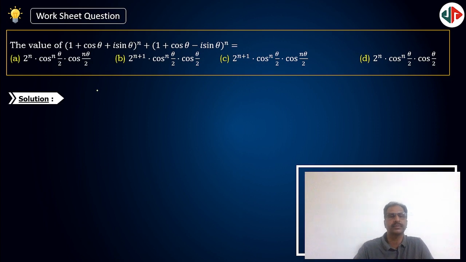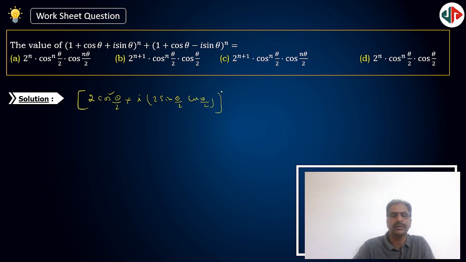Next, the value of (1 + cos theta + i sin theta) whole power n + (1 + cos theta - i sin theta) whole power n. What is 1 + cos theta? 2 cos square theta by 2, plus i into sin theta, 2 sin theta by 2 cos theta by 2, whole power n.